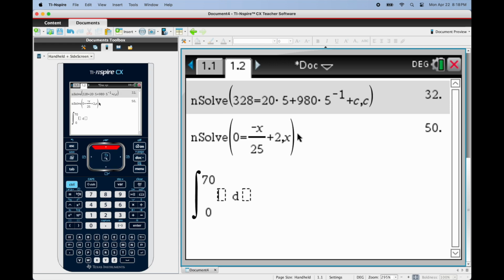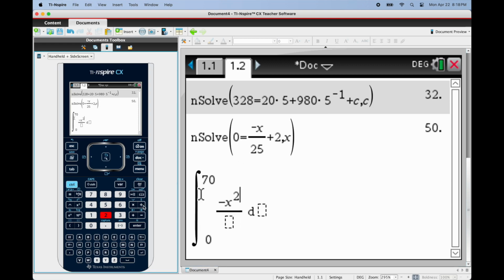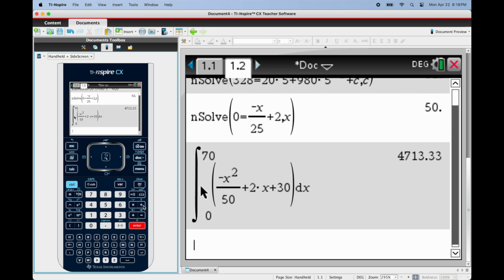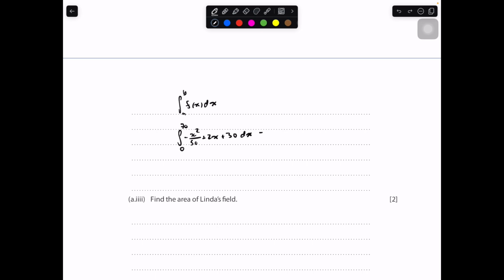This is our function: negative x squared over 50 plus 2x plus 30, and in terms of dx. There we go. Alright, so a pretty large farmer's field, I guess. 4,713.33. Let's go back to the document. We know that this is equal to 4,713.33. To 3 significant figures, this would actually be 4710, right?